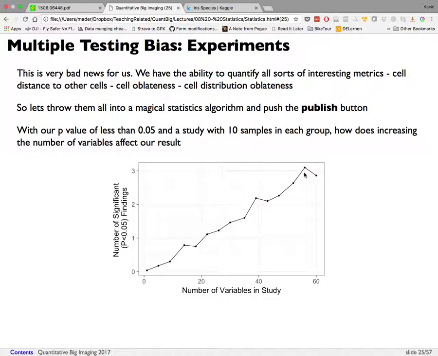But here we see if we have 60 variables in our study, on average we will find 3 that are significant, even though none of them are in fact significant. And so this is kind of alarming for us, because if you're trying to finish your PhD quickly and you just want to have something to publish, this is very exciting.